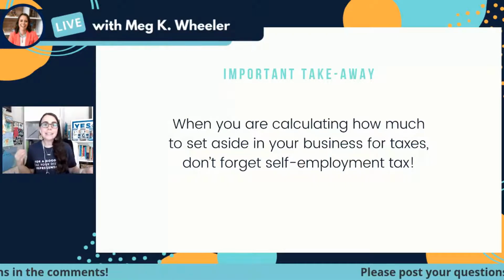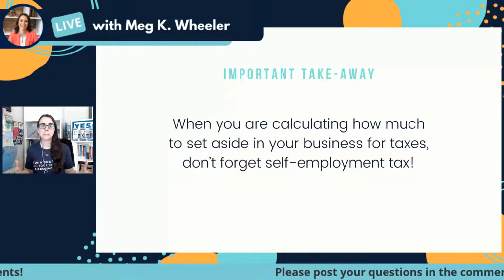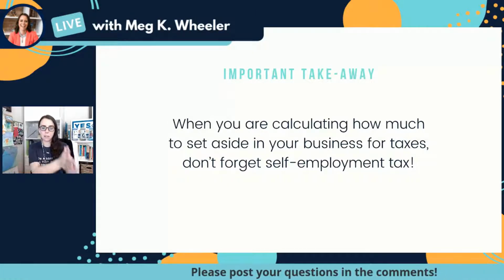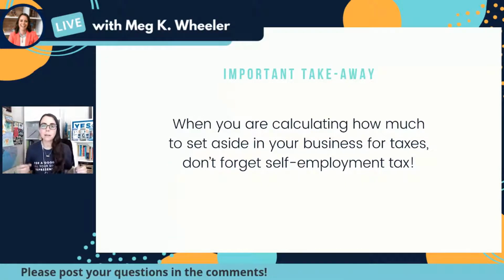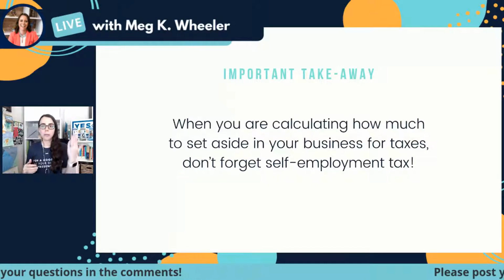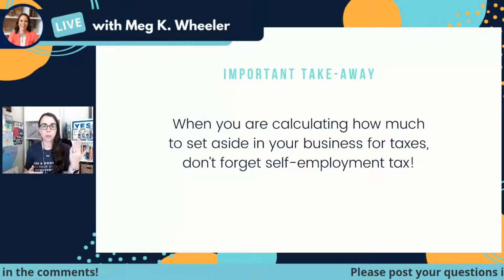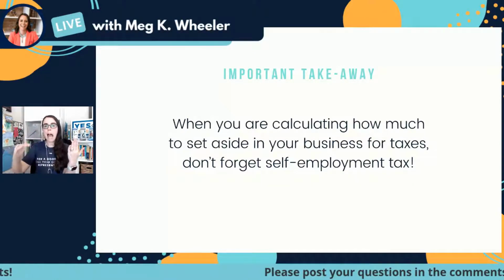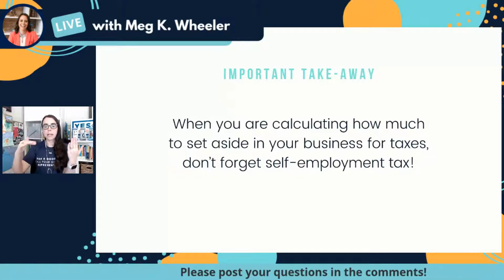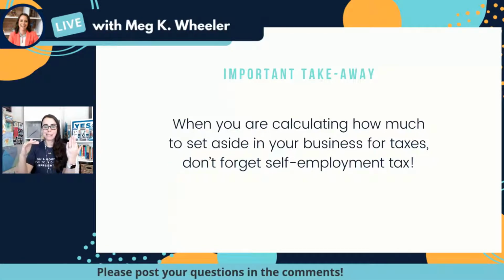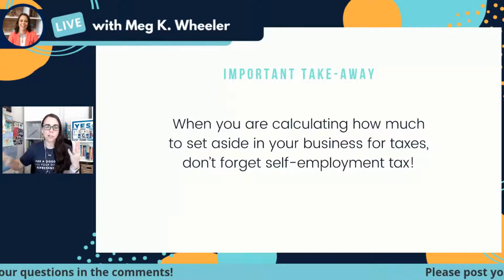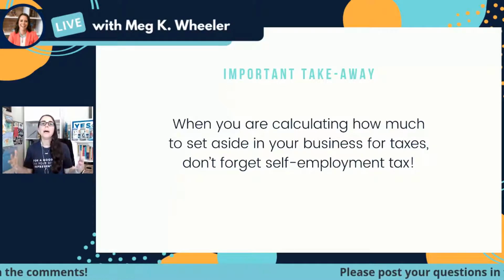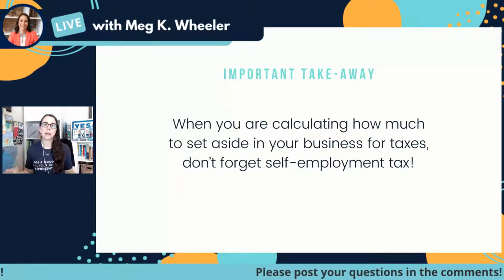So if you're feeling a little savvy and you want to get into some numbers, instead of setting aside the 20% plus the 15.3%, you could do a quick little calculation to figure out what your self-employment tax would be, 15.3%, and then subtract the 50% of that deduction from your business income, and then calculate your 20% income tax on that portion. So it's getting a little savvy with it, but it gets you closer to your actual number that you'll pay.